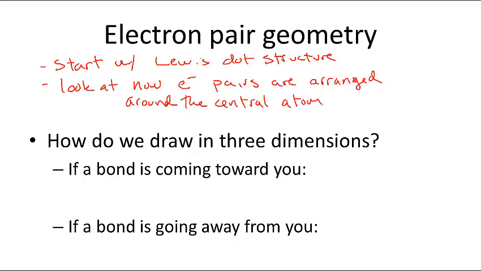All right. So this goes right to our previous question. If a bond is coming towards you, you draw the wedge, which is solid and just looks like a triangle. And if a bond is going away from you, it's the dash.